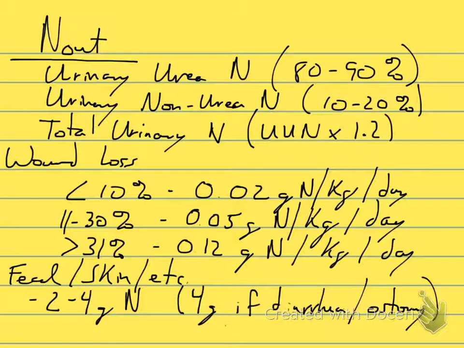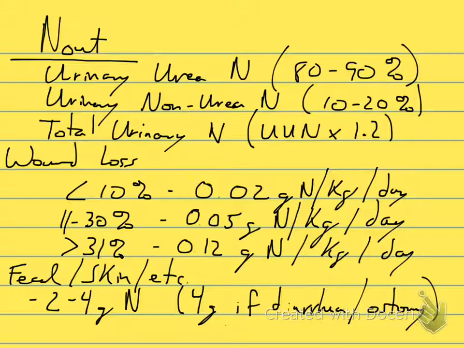So urinary urea nitrogen makes up about 80 to 90% of the nitrogen that you'll excrete through your urine. However, there are other forms of non-urea nitrogen that you will also excrete through your urine, and those make up about 10 to 20% of your total urinary urea nitrogen.